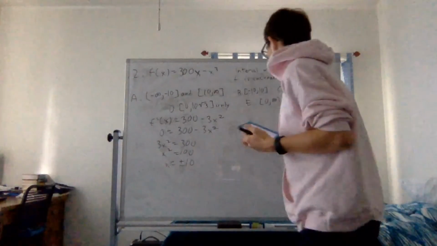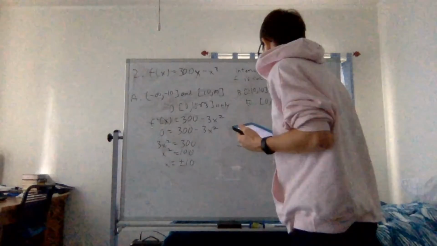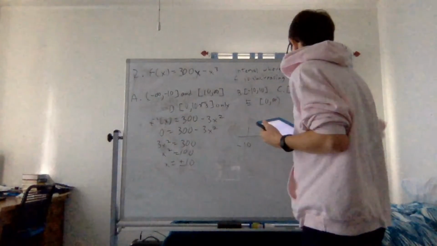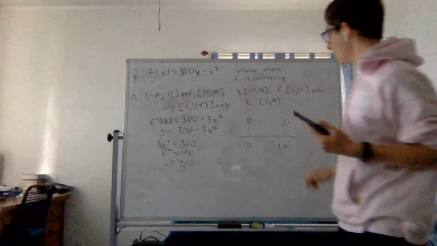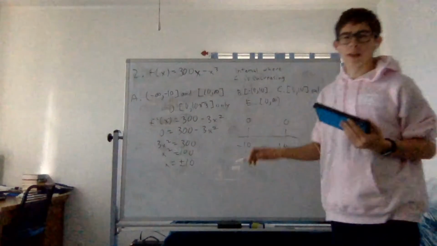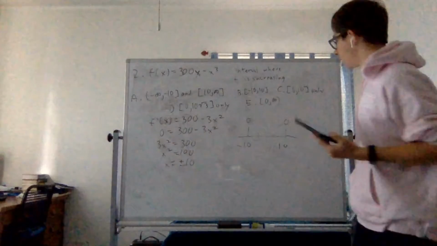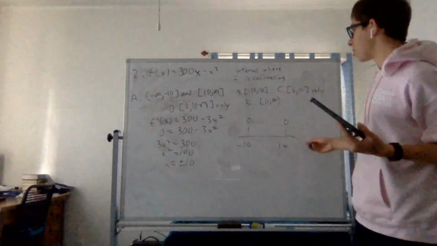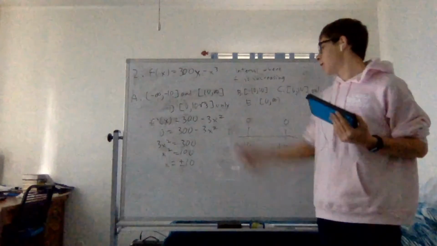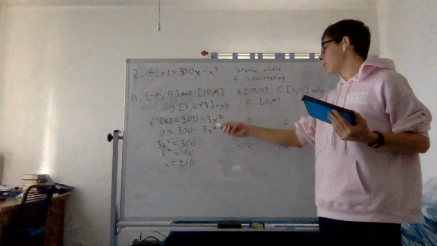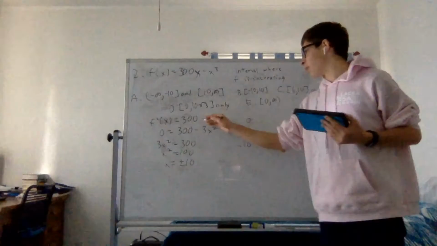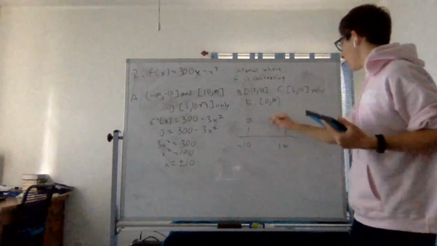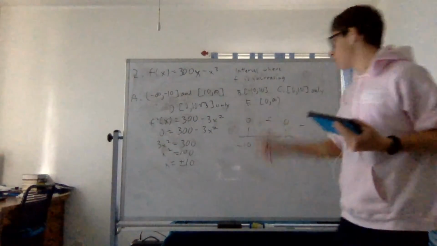So next we'll make a sign chart around negative 10 and 10 because we know that these are our zeros for the slope, right. Now we just want to find where in these intervals it's positive, right? So let's plug in really big numbers, say 1,000, into this equation. We get 1,000 squared, which is obviously much bigger than 300 because it's a minus there, so we know that it would be negative.